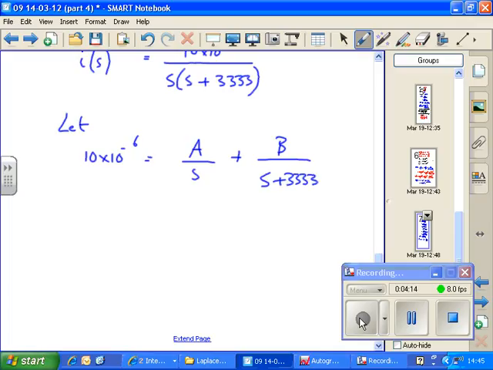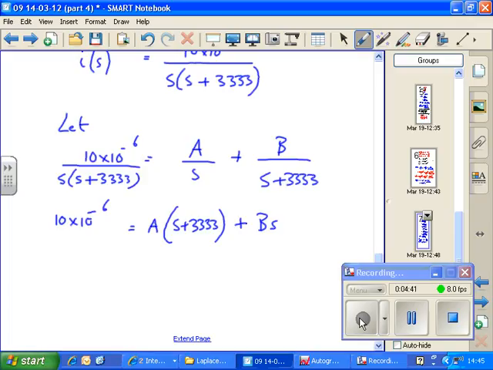So cross multiplying and then equating coefficients, we get 10 times 10 to the minus 6 equals A times S plus 3,333 plus BS.